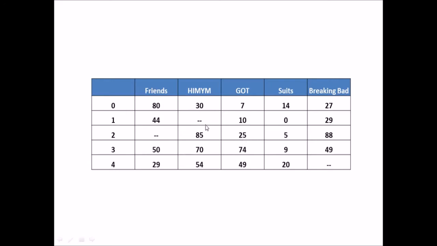Similarly for others. Now these missing values, these dashes, indicate that although they have watched this, for example, this second person, he has watched Friends, but he has maybe forgotten to give his rating here. Okay, so now we have to guess what he might have given this rating. Now, if we simply just take the mean of all those values like we did in the previous lecture on simple imputer, then it wouldn't make much sense because all these five people are different.